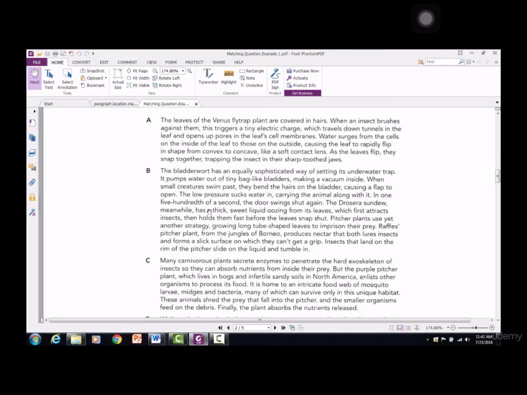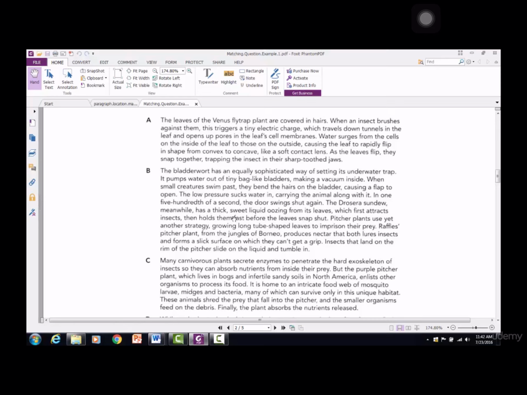Right, where it talks about holds is a sweet liquid oozing from its leaves.